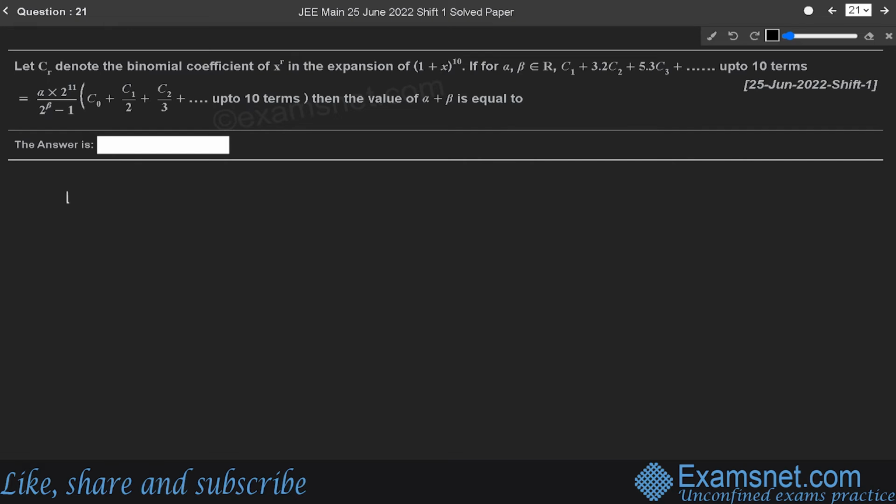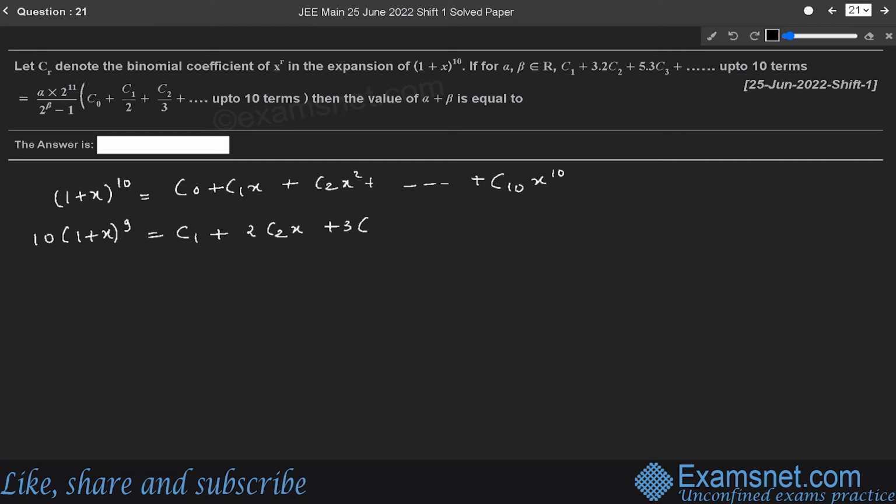It is given that (1 plus x) whole power 10 is equal to C0 plus C1x plus C2x square plus so on up to C10 x power 10. On differentiating, this will be equal to 10 into (1 plus x) power 9 is equal to C1 plus 2C2x plus 3C3x square plus so on up to 10C10 x power 9.